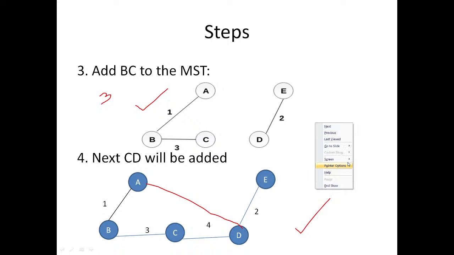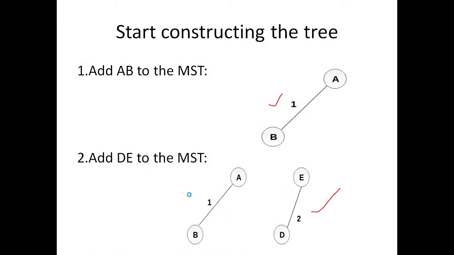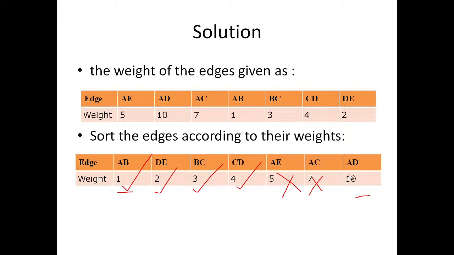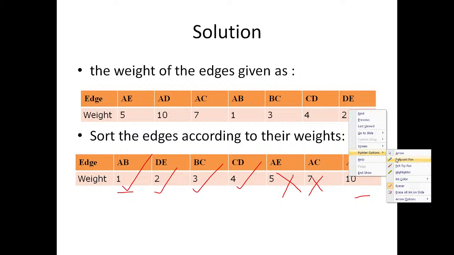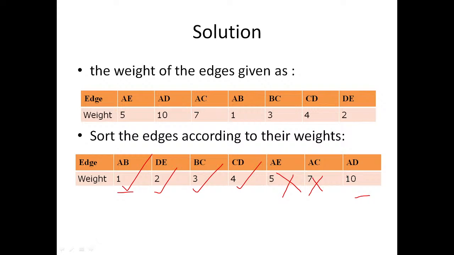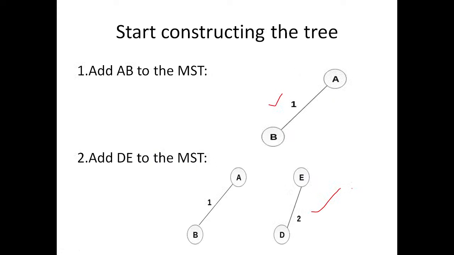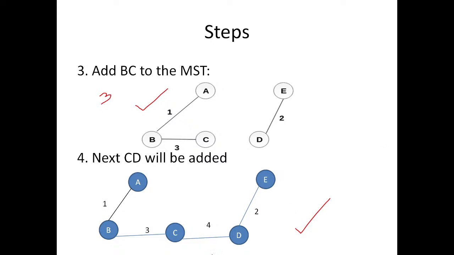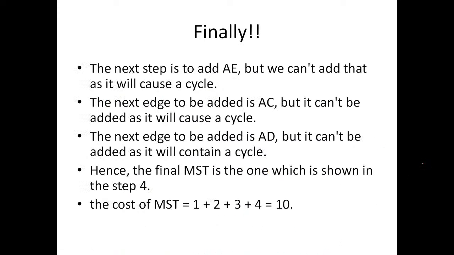So we have to erase it and discard the edge. So this is our final minimal spanning tree with 4 edges. Now if someone asks what is the total weight of the minimal spanning tree, it is the summation of all the edges, that is 1 plus 2 plus 3 plus 4, that is 10. Clear?